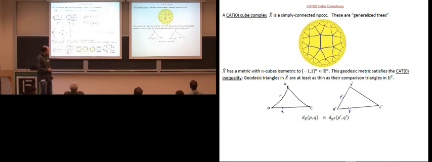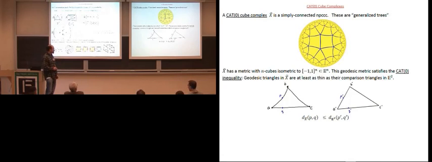In the sense that if you take points on this geodesic triangle in X tilde, and you look at points in the same relative position in the comparison triangle in the Euclidean plane, then the distance between the points in your triangle in X tilde is less than or equal to the distance between the comparison points in the Euclidean plane. So these CAT(0) cube complexes have such a CAT(0) geodesic metric.